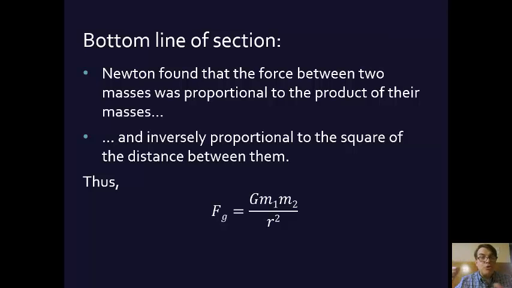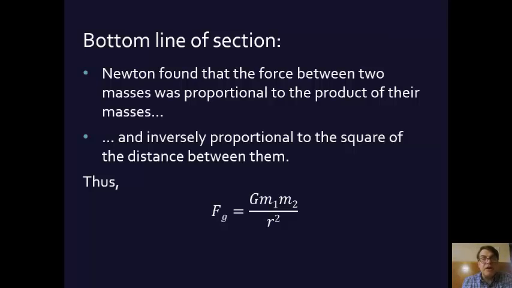You figure out what's proportional to what, and then you just have to figure out what the constant is that you stick in front to make it equal. So basically, this is the formulaic way of saying what we've already said, that the force of gravity is equal to mass 1 times mass 2 divided by the distance between the two objects squared, multiplied by some constant, G.